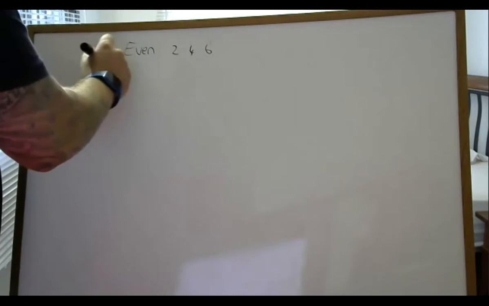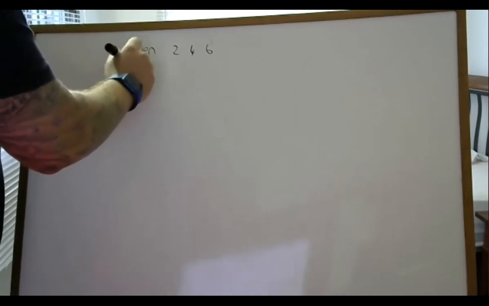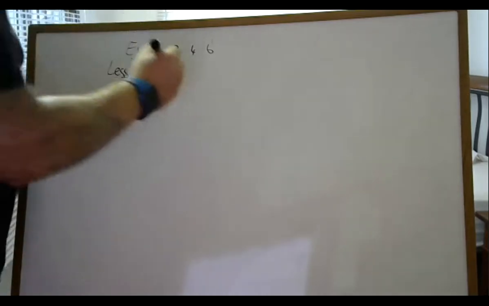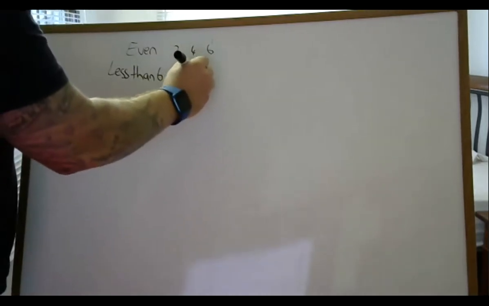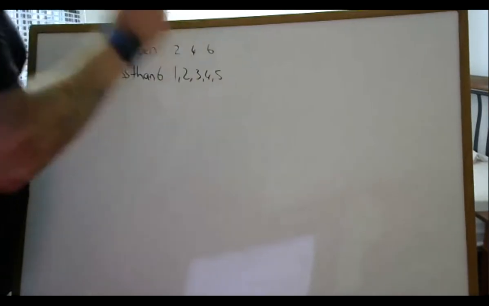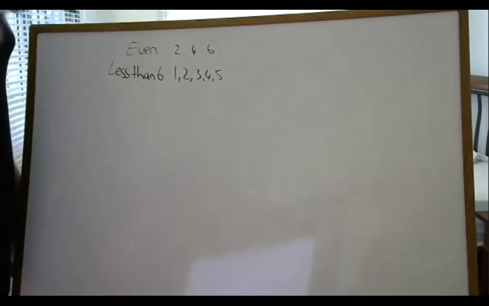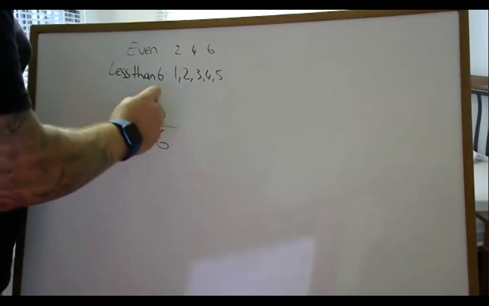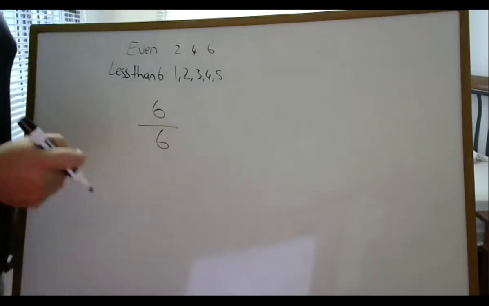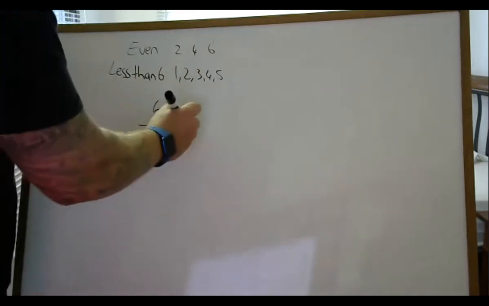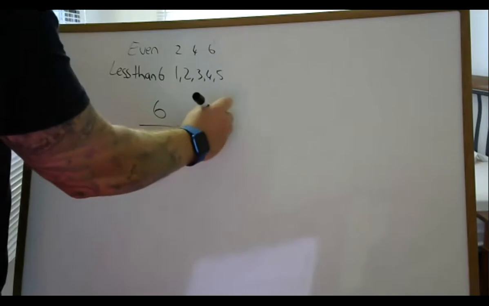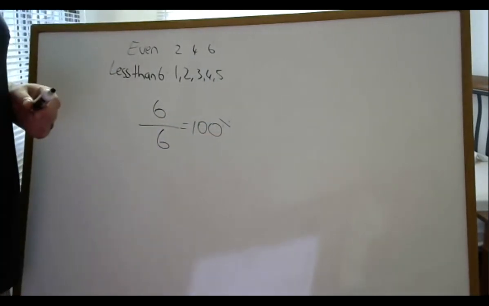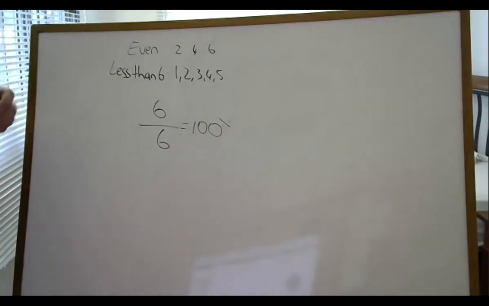Less than 6, we have 1, 2, 3, 4, 5. So we have 6 favorable outcomes over 6 possible outcomes. So as Izzy described, and yes, I was being mean, 100% is the probability that we get even or less than 6.